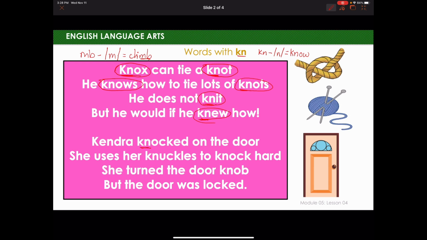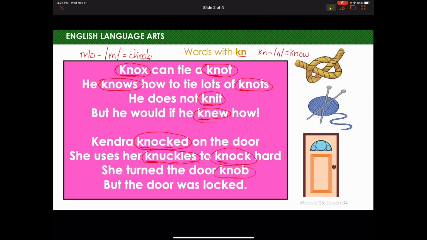Kendra knocked on the door. She uses her knuckles to knock hard. She turned the doorknob, but the door was locked. Wow, we came across a lot of words that had KN in them, didn't we? Let's read this again.